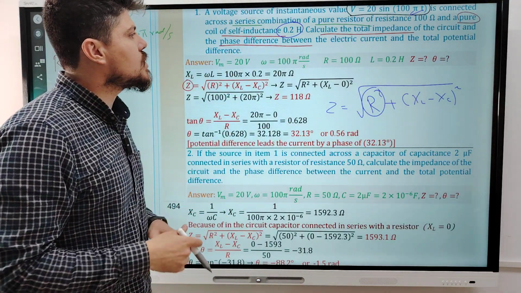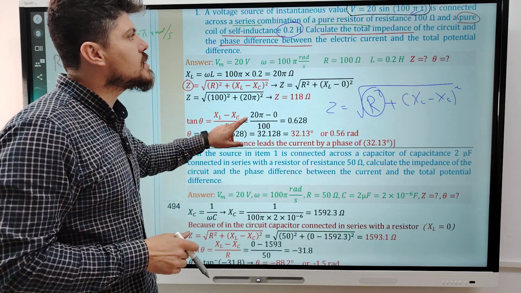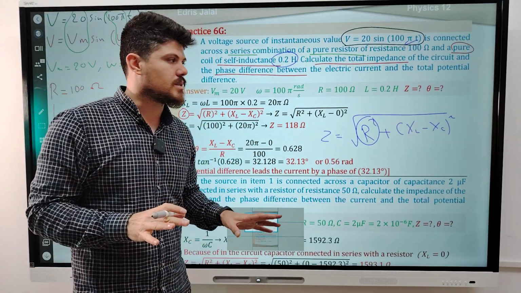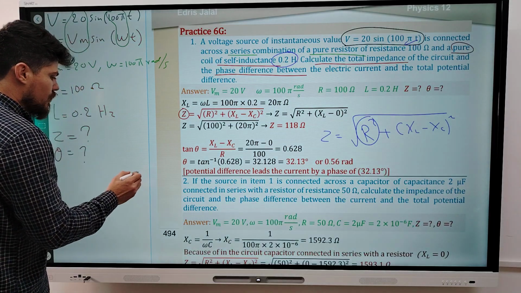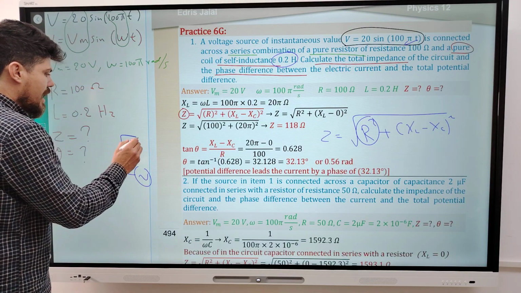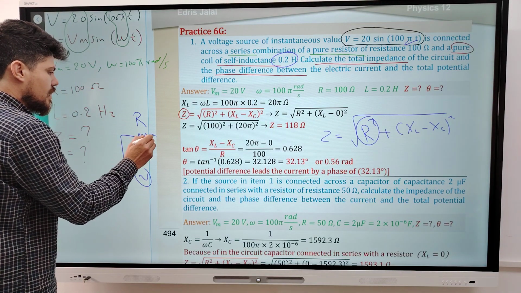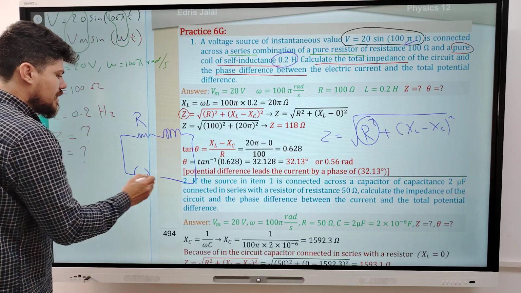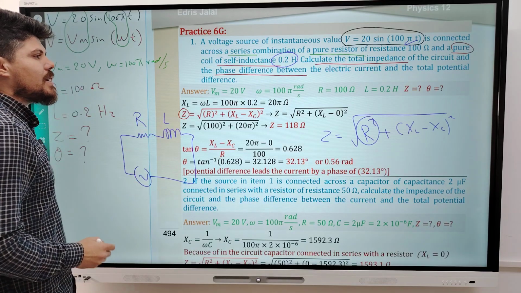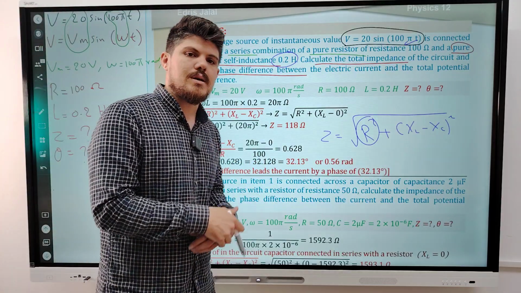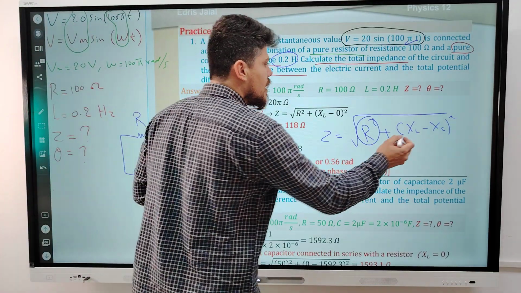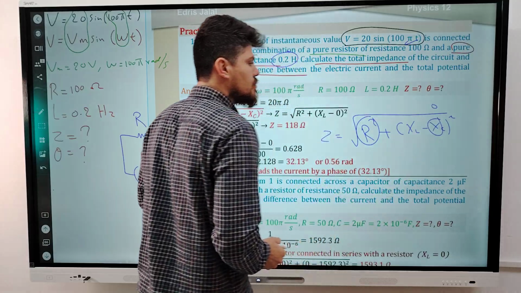Do we have XC or capacitance? No, this circuit has no capacitance. In this circuit, we only have resistance and inductance. What about the capacitance? There is no capacitance in this circuit. So that is why XC should be 0.